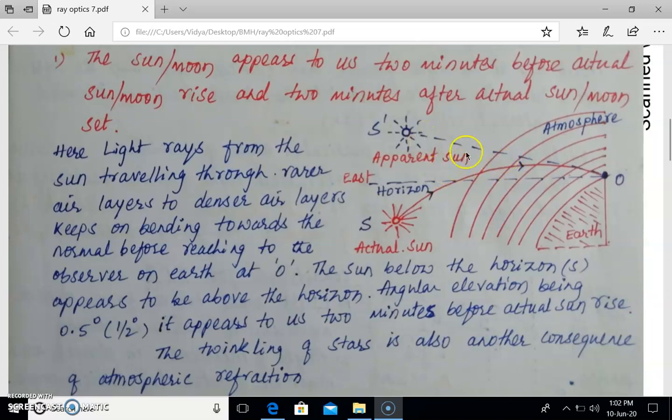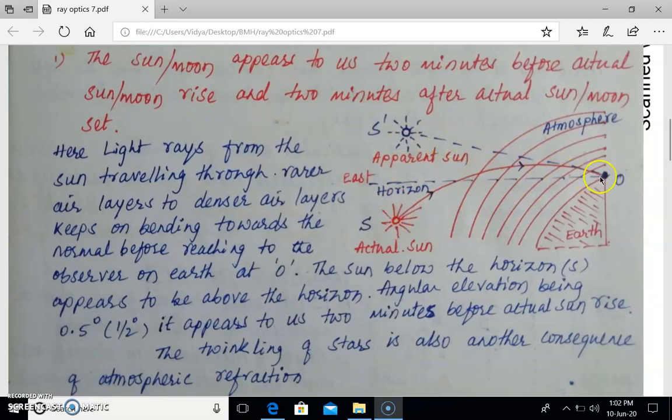The angular elevation here is of the order of half a degree. That's why though the sun is below the horizon, the sun appears above the horizon 2 minutes before actual sunrise. For 360-degree rotation of Earth, the time required is 24 hours.